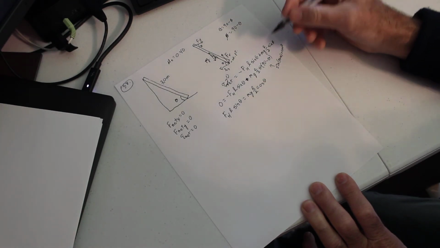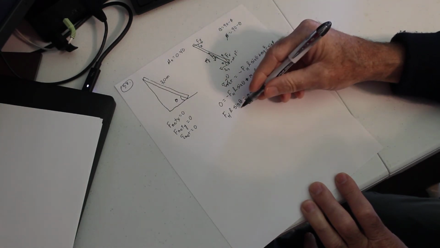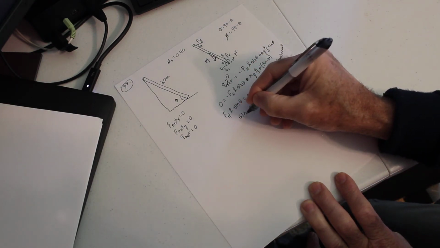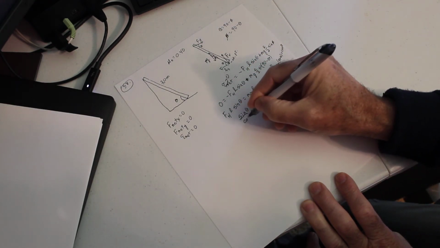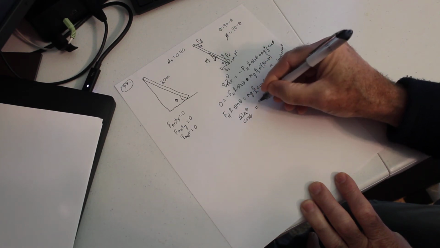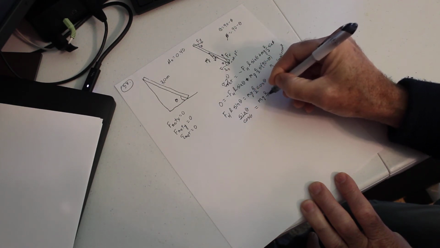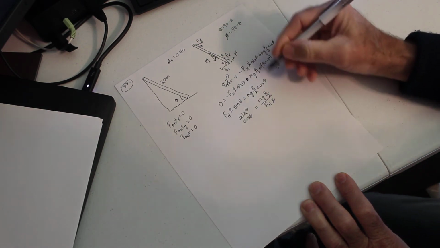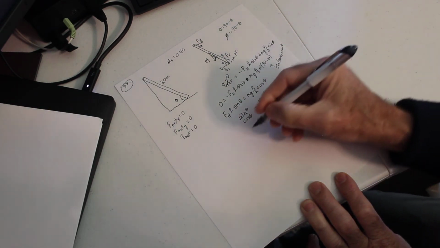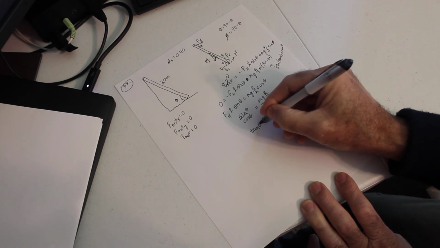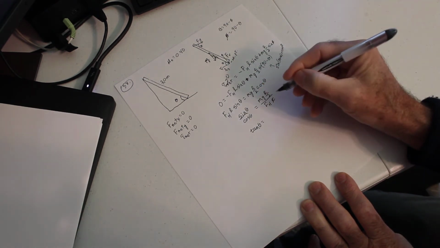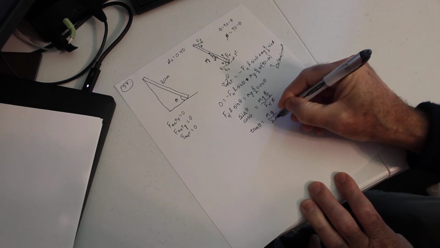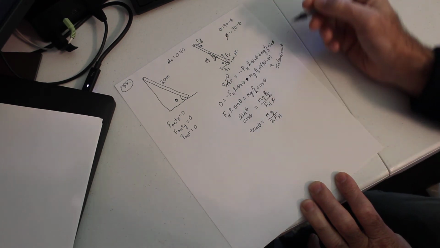Now I'm going to divide by cosine theta and divide by FH L so I get these by themselves. So sine of theta over cosine of theta is equal to mg L over 2 over FH L. But the L's cancel, so tangent of theta, or sine over cosine, is equal to mg over 2 FH.